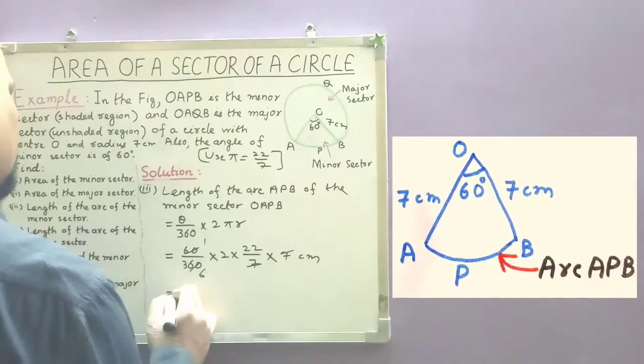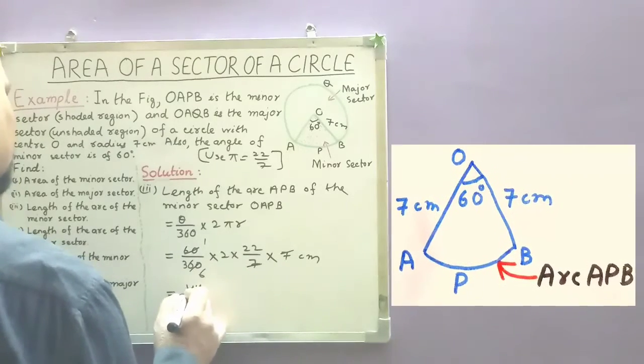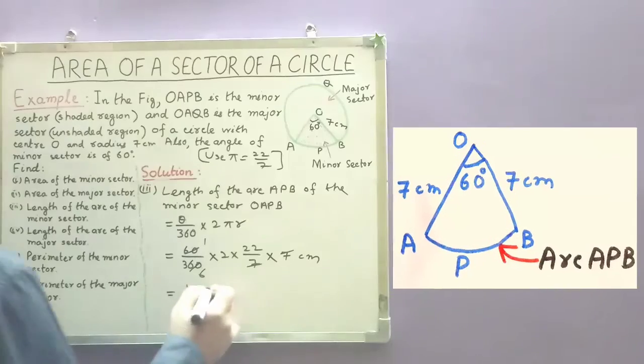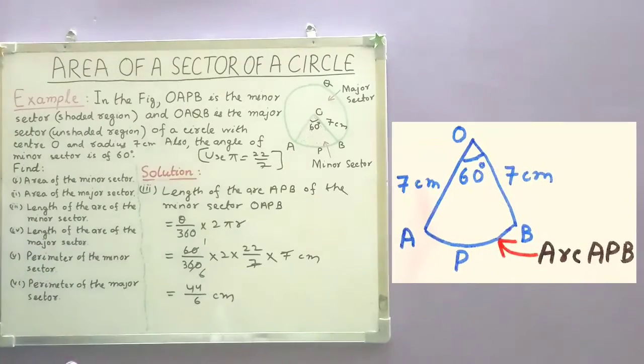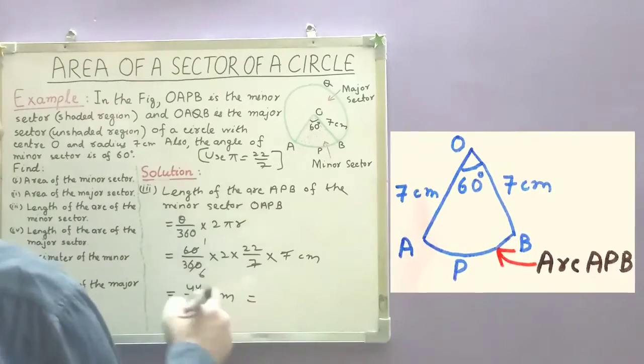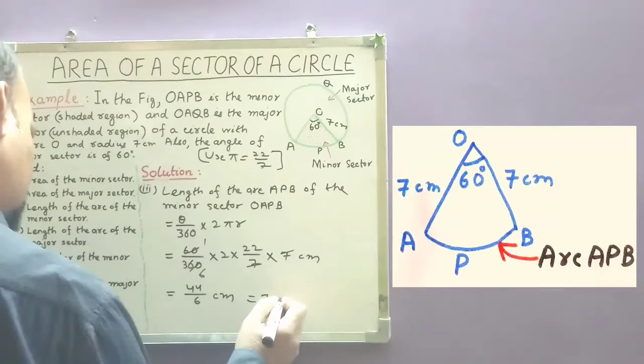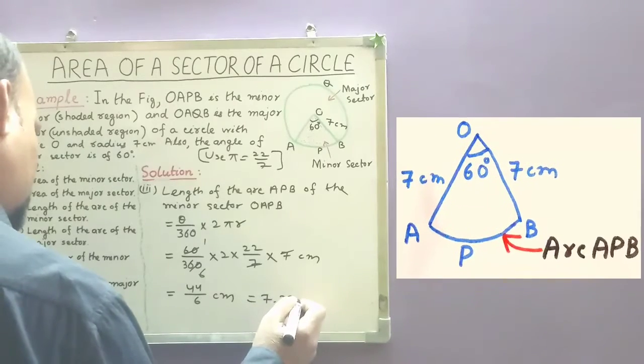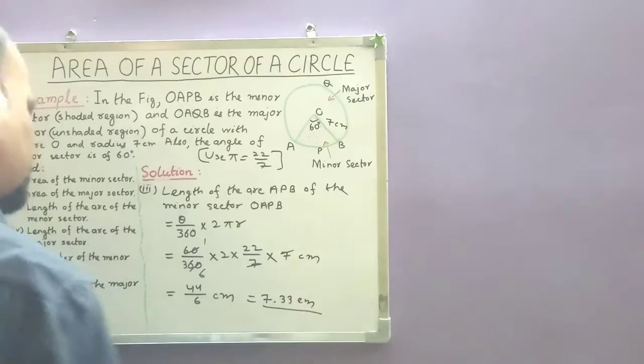On simplifying we get 44 upon 6 centimeter, that equals 7.33 centimeter, that equals 7.3 centimeter.